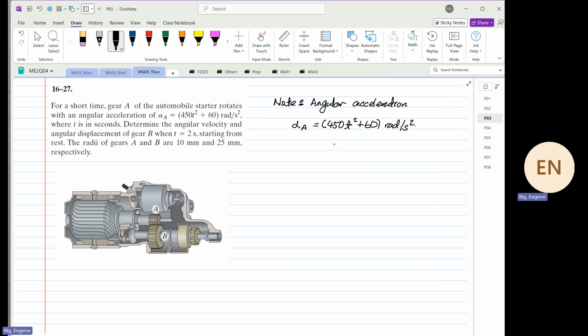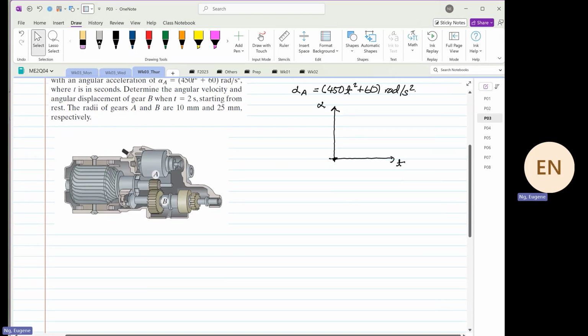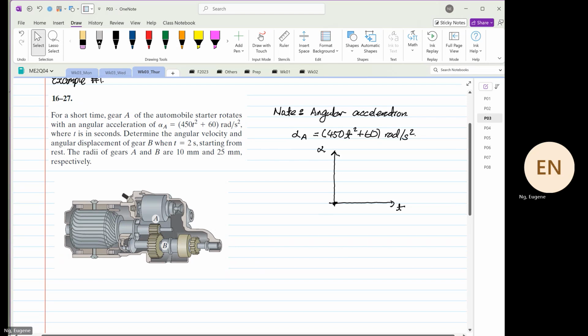If you were to sketch a graph, just come here to clarify some things with yourself. You have alpha against time t. When time is 0, what is the acceleration equal to? With the t squared term it is 0, but when it's not 0, what will happen? It has a y-intercept, isn't it? It will cross at 60.